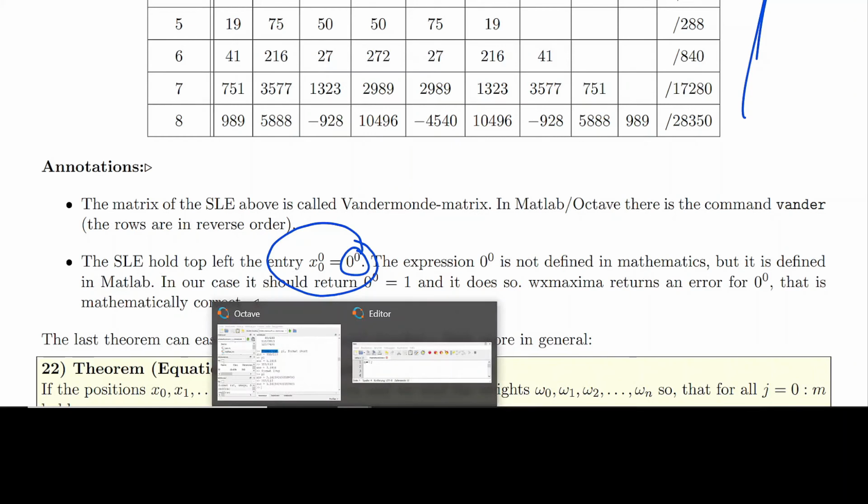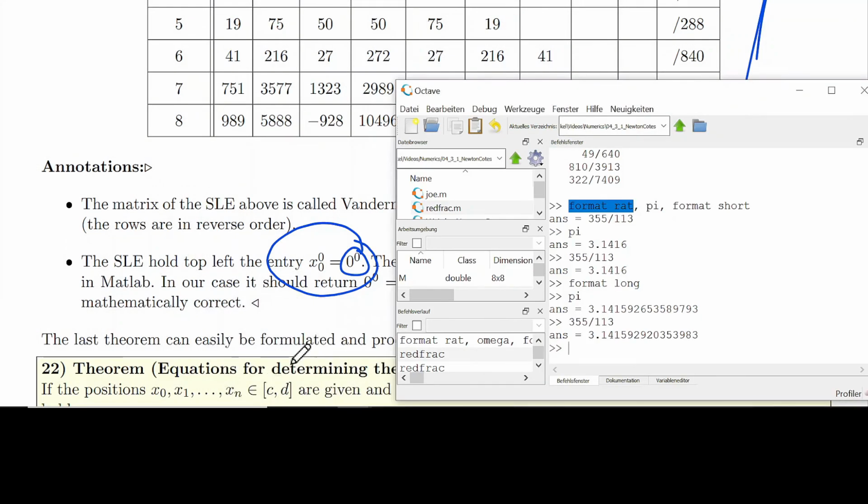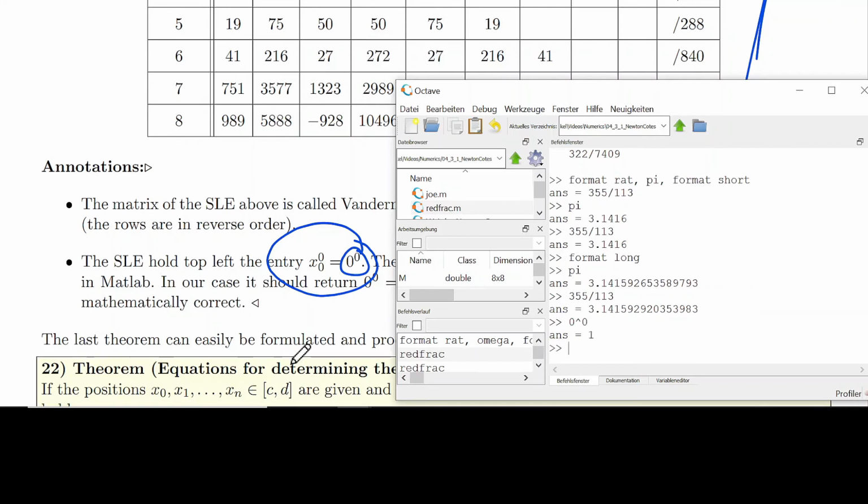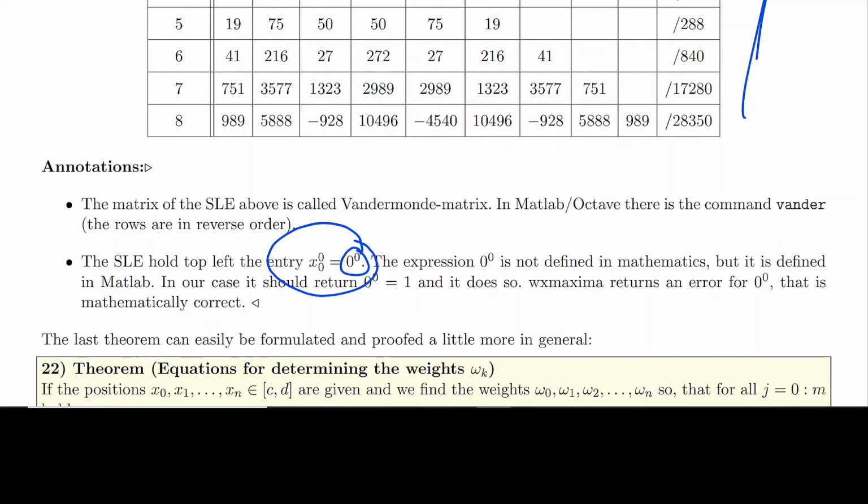If we ask MATLAB or Octave for 0 to the 0th power, it gives me a 1. This is not really true. Why? If you have 0 to the power of something, let's say this something is b and b is some number, then the answer is 0, for all b's larger than 0.